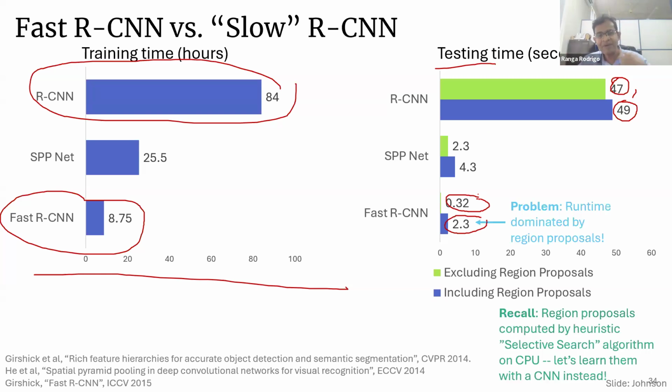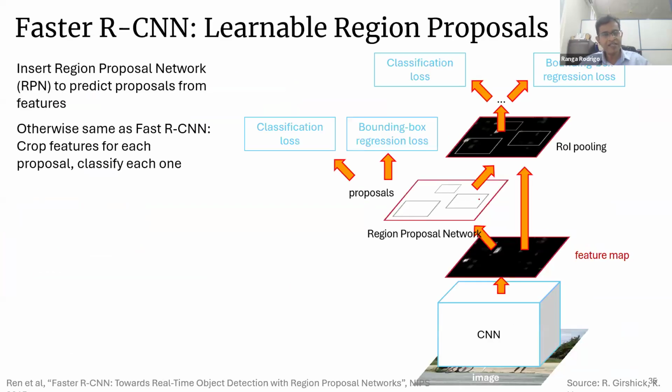The problem is that runtime is dominated by the region proposals. Region proposals are computed by the heuristic selective search algorithm that runs on the CPU. CPU algorithms are slow, so you want to go for a GPU algorithm on the graphics processing unit. In the training that we did today, we also selected the device, if you remember. So what they did was, on the feature map computed using the CNN, they ran another network called the region proposal network. So no more selective search.